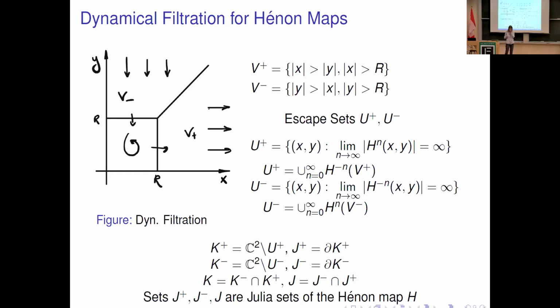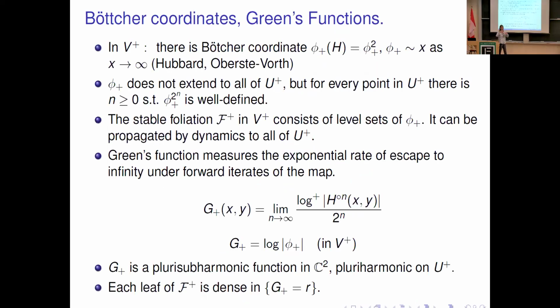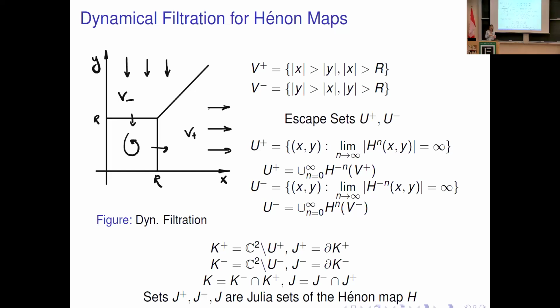What we want from this dynamical filtration is what is shown in the picture. If we take an orbit in V plus, we want it to stay in V plus and go to infinity. And if we take a point in V minus, we want it to stay in V minus under the inverse of the Henon map, because the Henon map is invertible.